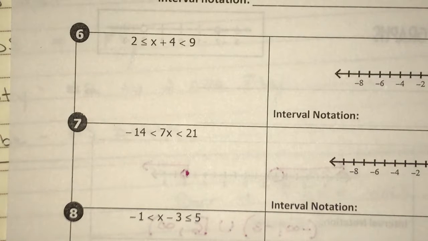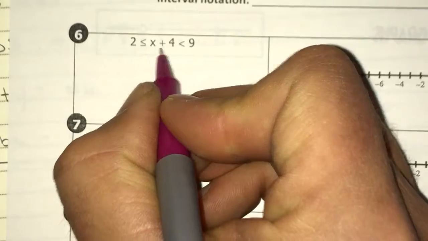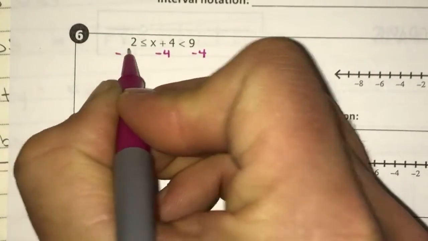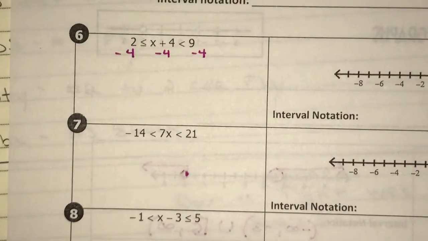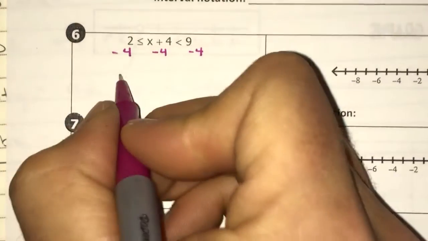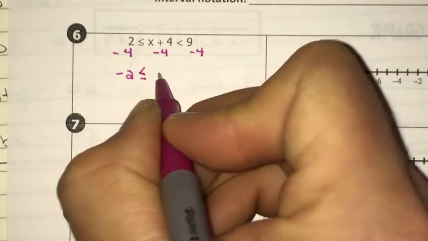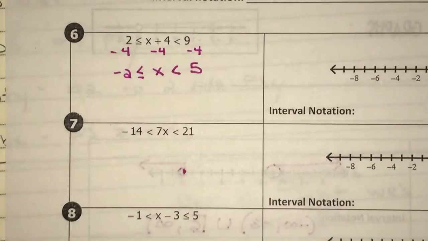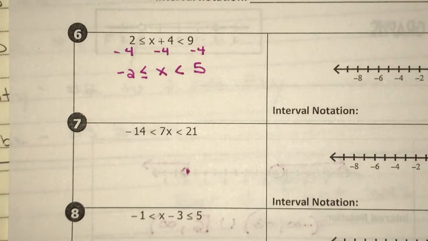So you subtract 4 from each side. Whatever you do from the middle, you do to either side. Okay, so -2 is less than or equal to x, which is less than 5. When x is by itself in the middle, you're done.